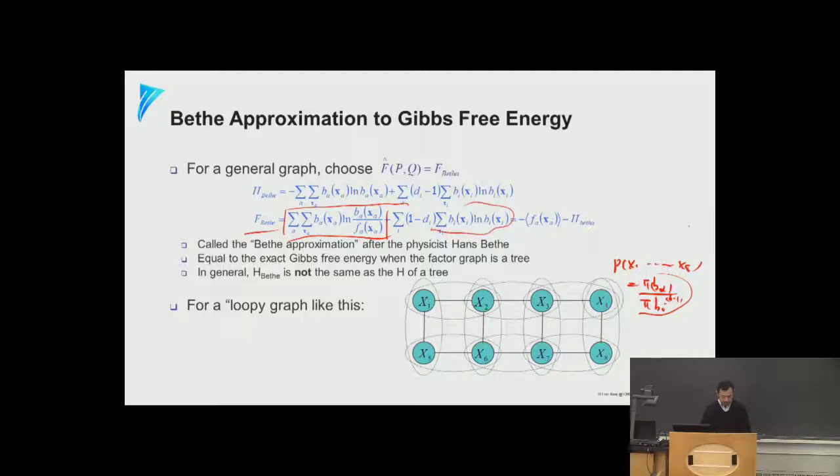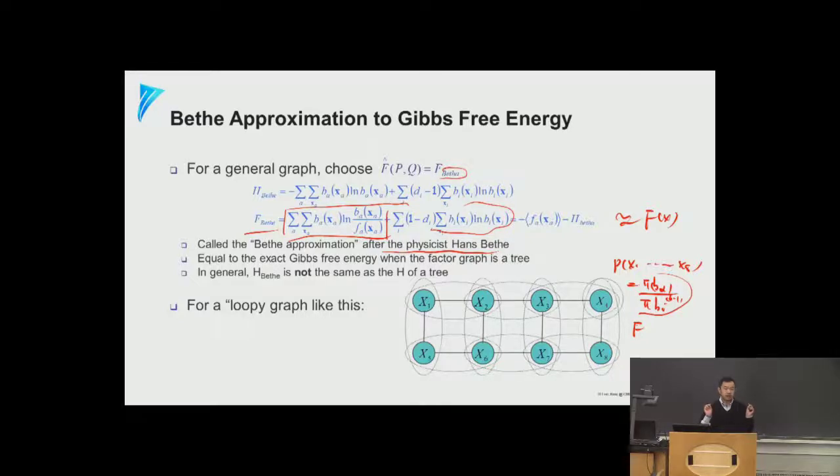And there's a name for this definition. It's called the Bethe free energy, named after a physicist called Hans Bethe. So why is this interesting? Because this Bethe free energy can be written down in a very explicit form like this, and it is not the true free energy of this loopy graph, but we can use this as a surrogate of the true free energy.